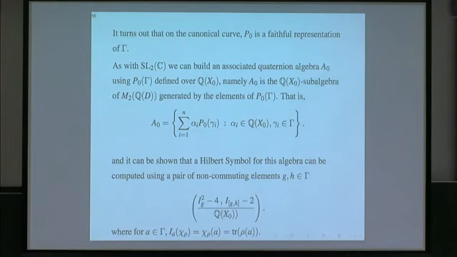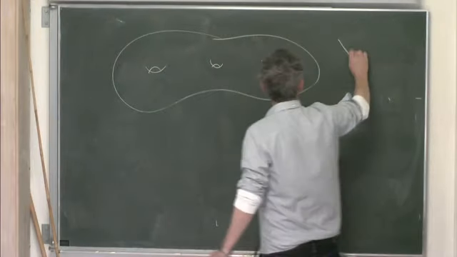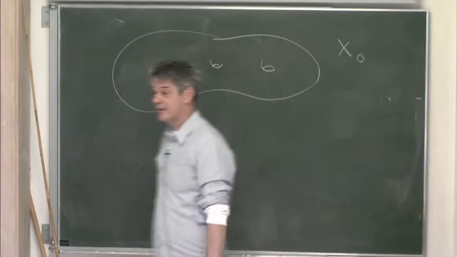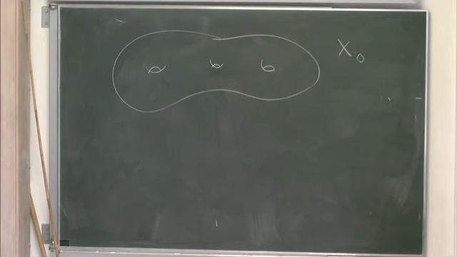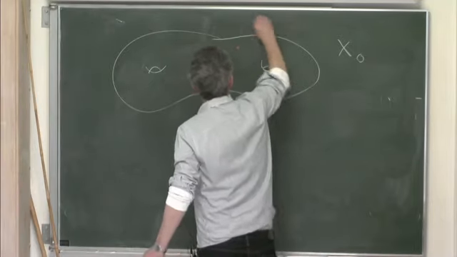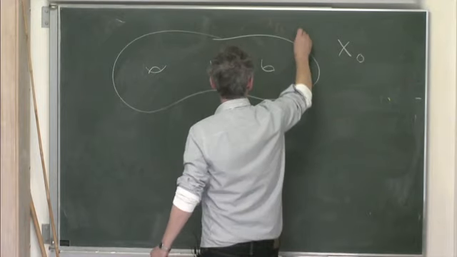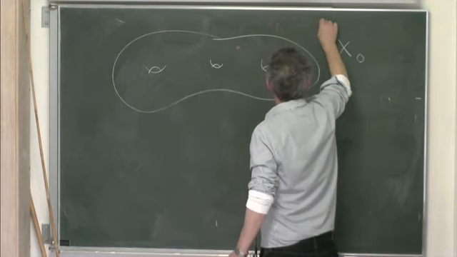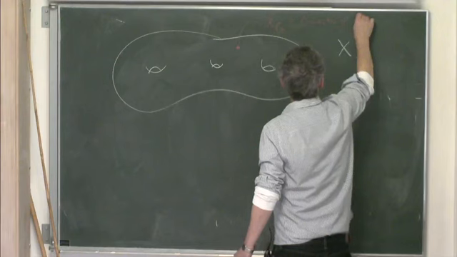Really this is thought of as the smooth projective model of X0, so it's just some curve. On this curve we see lots of interesting things. Here, let's call this chi rho 0, the character of the faithful discrete representation.